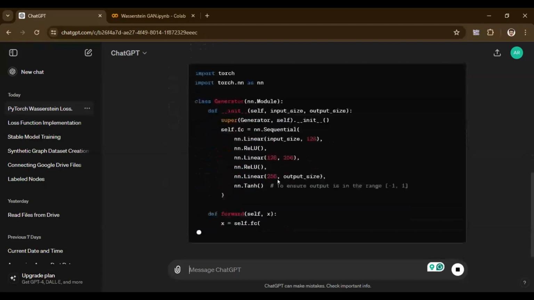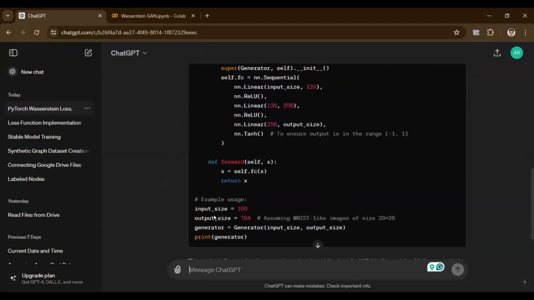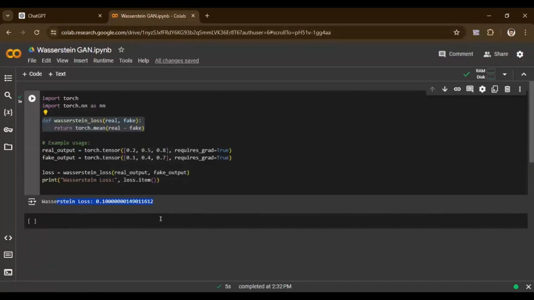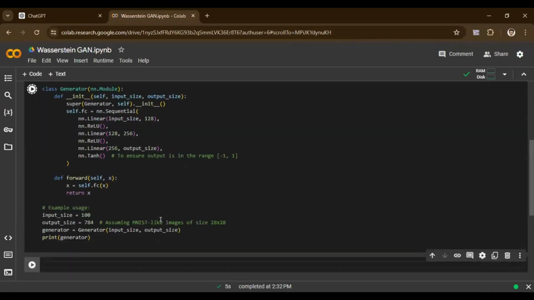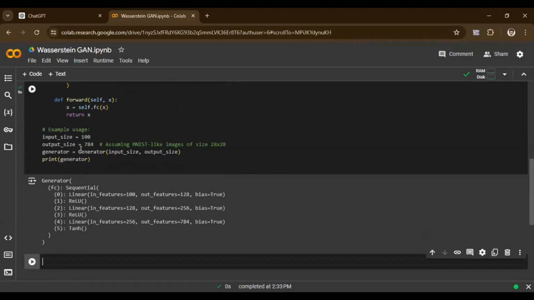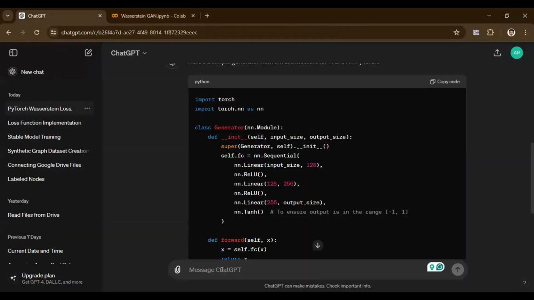See, it's creating a class and a forward function, and it's giving us some example usage for this generator class. Okay, so it initializes the generator class, and after we generate the generator class, we can create the critic one.